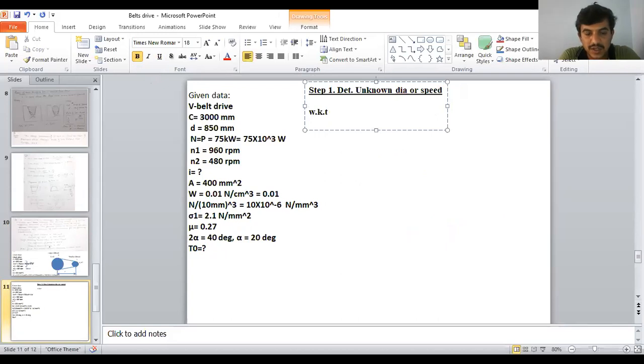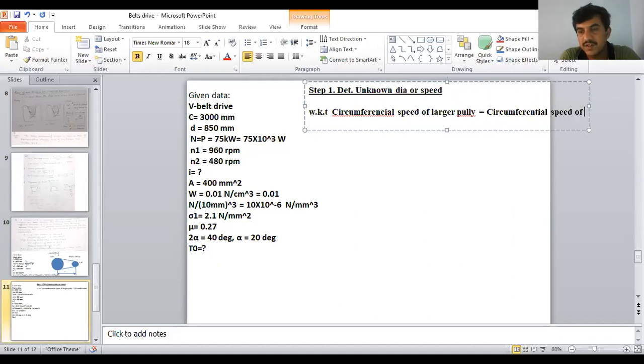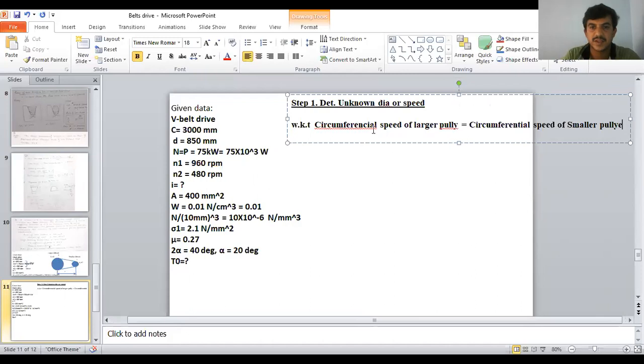We know that the circumferential speed of the larger pulley is equal to the circumferential speed of the smaller pulley.